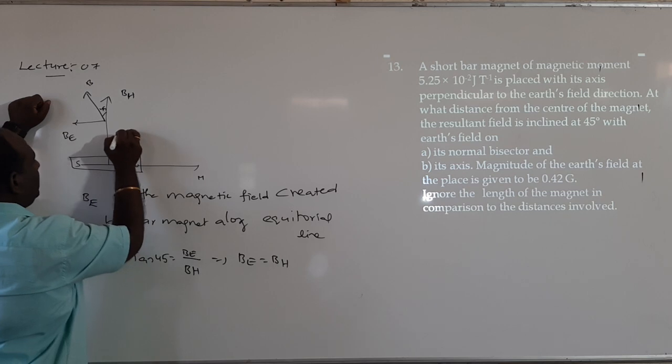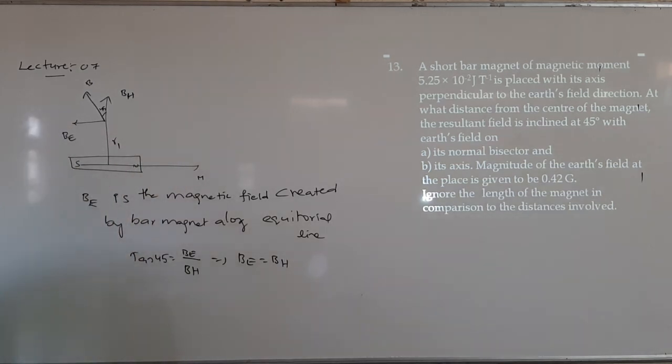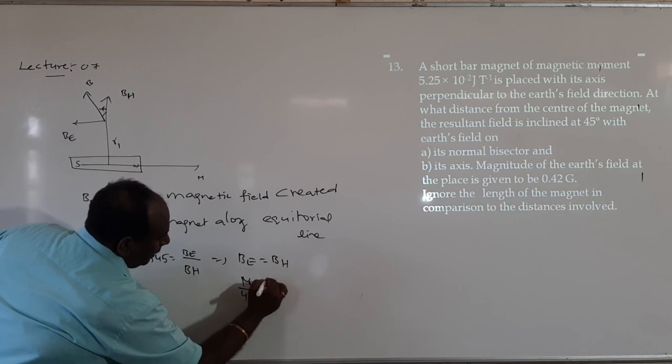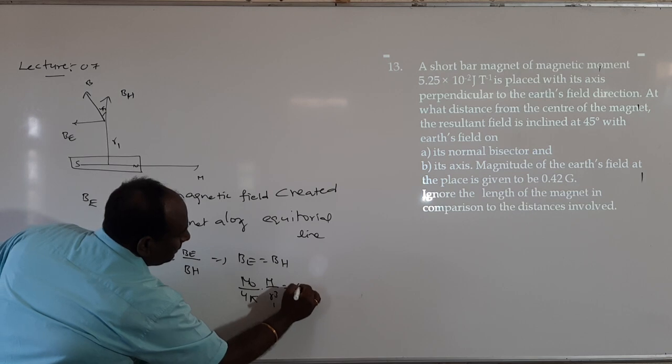Here at a distance R1, I will write BE is equal to BH. The BE value is mu naught by 4 pi into m by R1 cube, equal to the BH value 0.42.